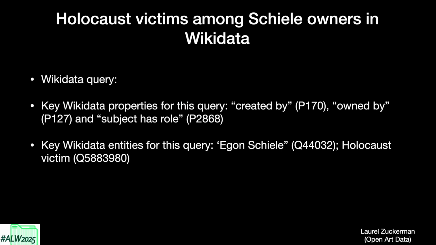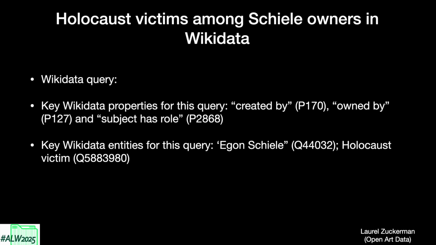A week or two ago, I did a post about artworks by Schiele that were owned by Holocaust victims, and I just want to show how simple this query actually is. The key Wikidata properties for this query are created by P170, owned by P127, and subject has role P2868.